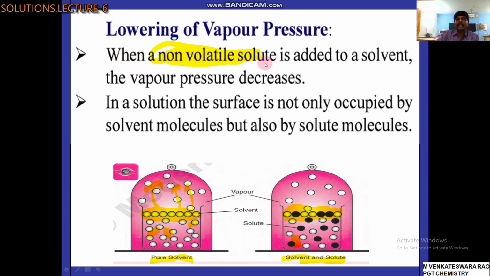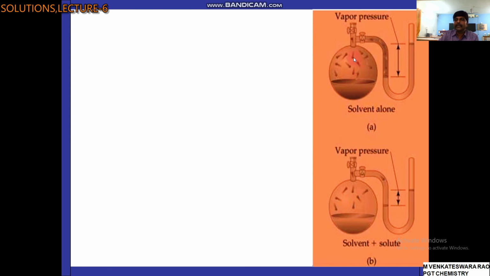When a non-volatile solute is added to a solvent, the vapor pressure decreases, because in a solution the surface is not only occupied by solvent molecules but also by solute molecules. With solvent alone, the pressure is more.